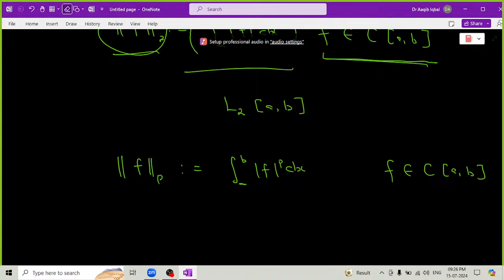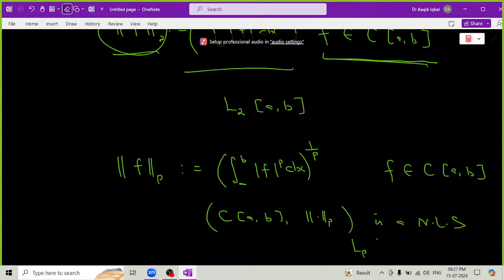Continuous functions on finite intervals are Riemann integrable, so I can take the Riemann integral whole raised 1 by p. अगर आप ये function consider करेंगे, again you can see that this function is a norm on C[a,b]. So C[a,b] together with this function is a normed linear space, and it's an incomplete space. It's not a complete space. और इसका जो completion होगा, that will be Lp[a,b].